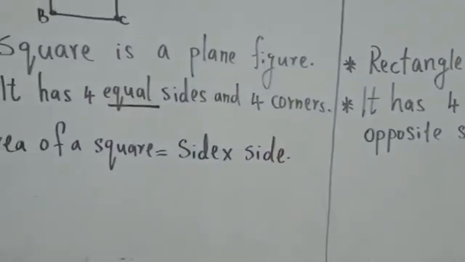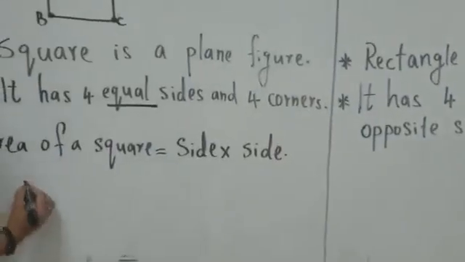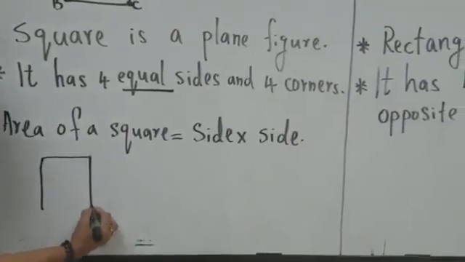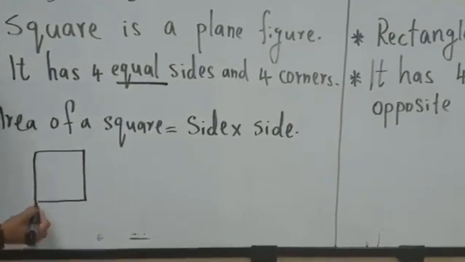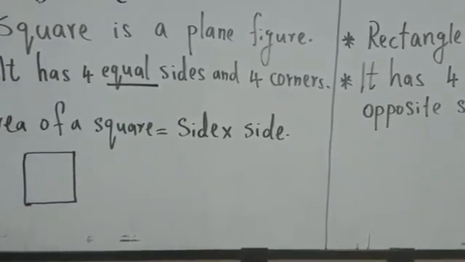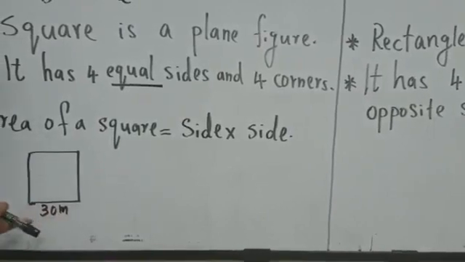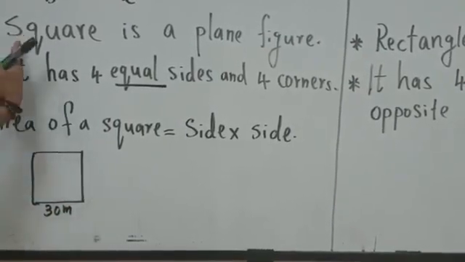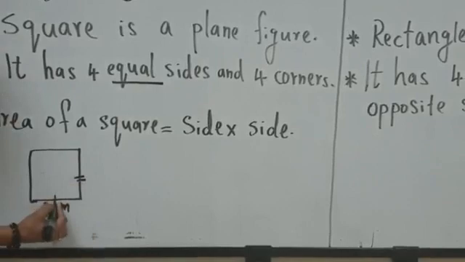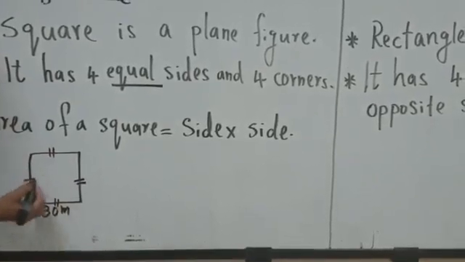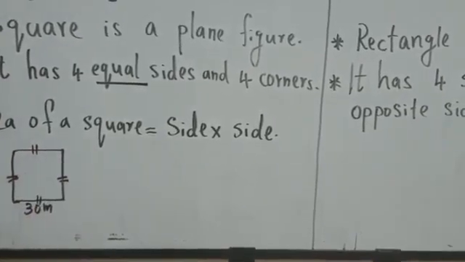So let us do an example with this. The given square has a measurement of 30 meter. If one side is given as 30 meter, for a square all the sides are equal. We already learned about that. So all the sides' measurement will become 30.